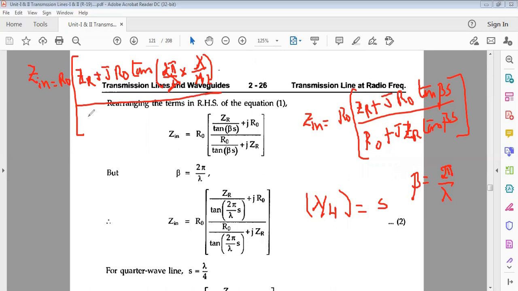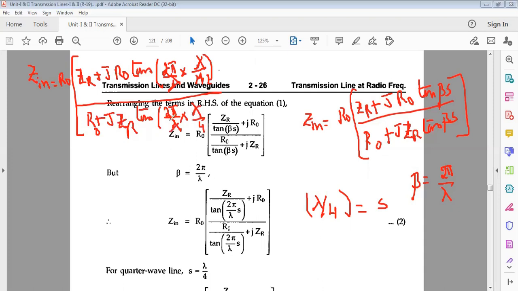And whole divided by R0 plus J into ZR tan, 2 pi by lambda as the beta value, and the length of the transmission line here is lambda by 4.